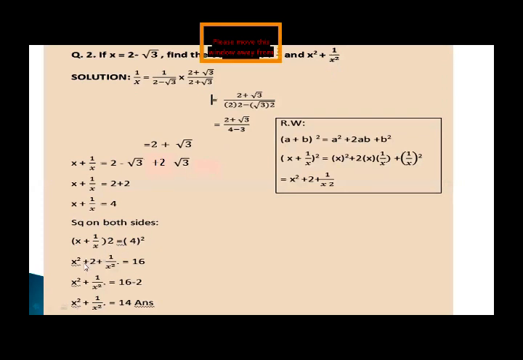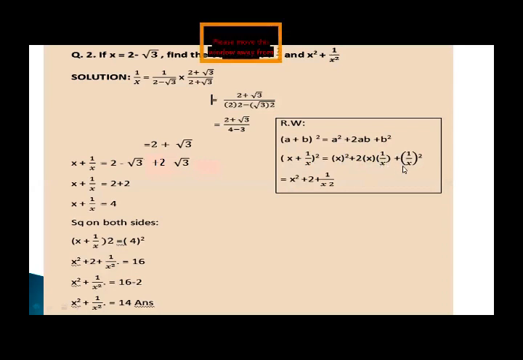By taking the square on the equation, what happened? The left hand side will be expanded by means of a formula. What does the formula say? a plus b whole square is equal to a square plus 2ab plus b square. Similarly, if a and b are x and 1 over x, a square means x square, plus 2, where x is your a and 1 over x is your b, plus the square of 1 over x.